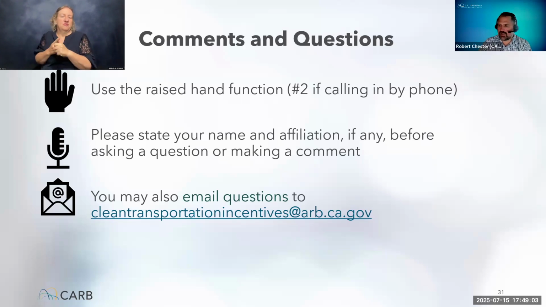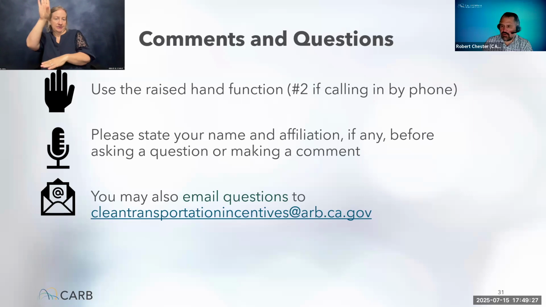So now, to ask a question or make a comment, if you are on your desktop using Zoom, click Raise Hand under the Participants tab, or it may be under Reactions. If you are on a mobile platform using Zoom, tap Raise Hand in the More tab or under Reactions.